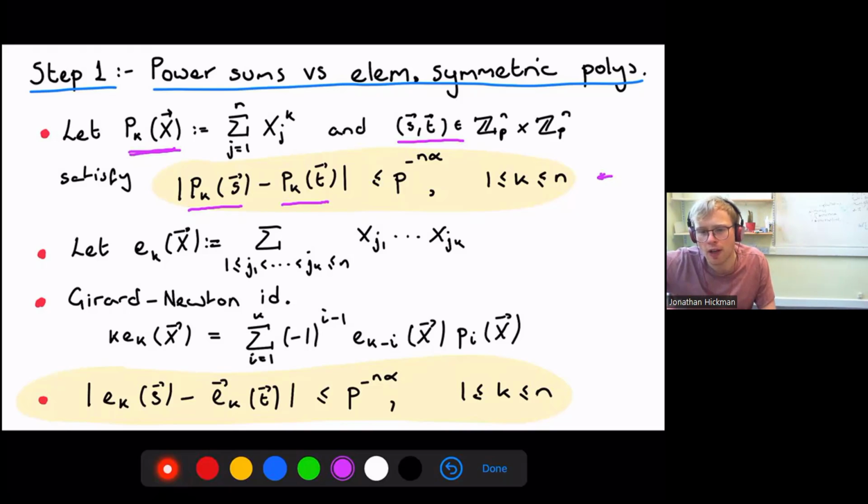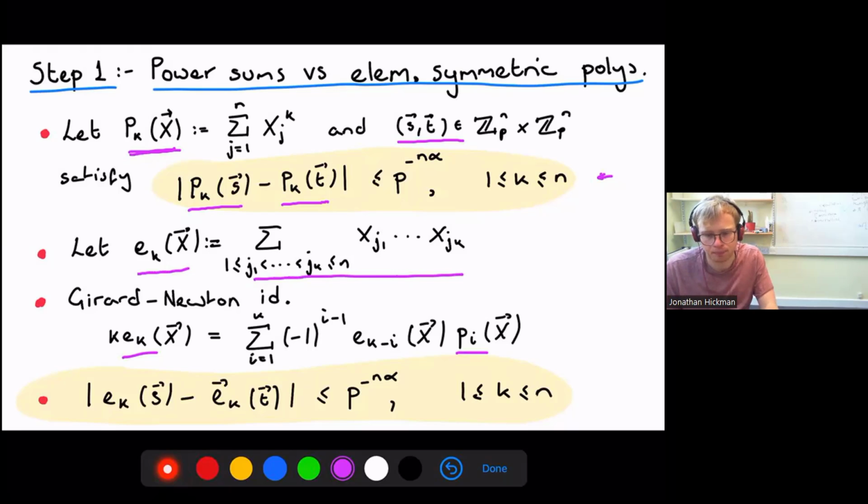The first observation, which is fairly standard, is to see that this S and T is also an approximate solution for a different system of equations formed by elementary symmetric polynomials. In particular, I'm going to let e_k denote the kth elementary symmetric polynomial, and we can relate the e_k's to the p_k's through some very classical identities called the Girard-Newton identities.